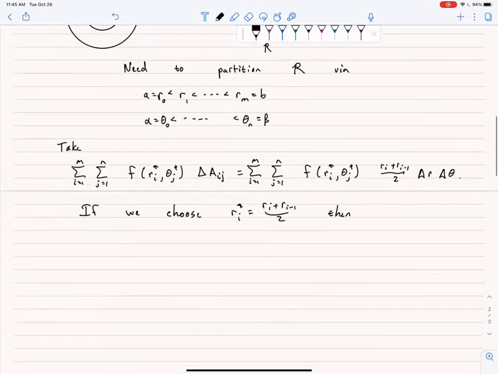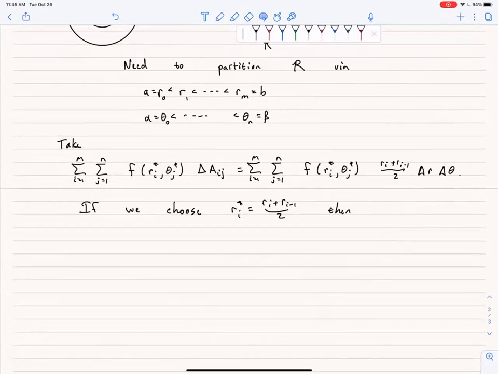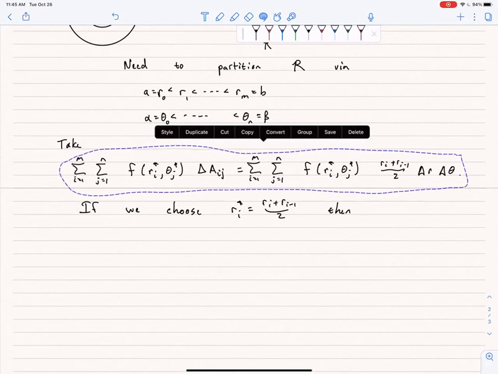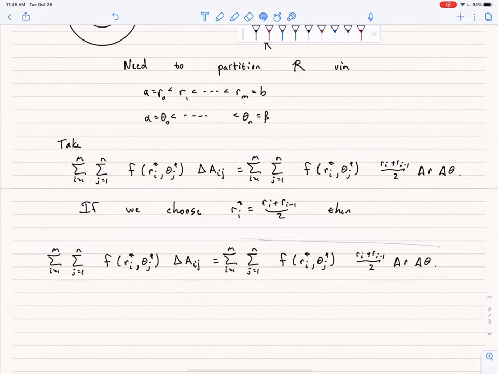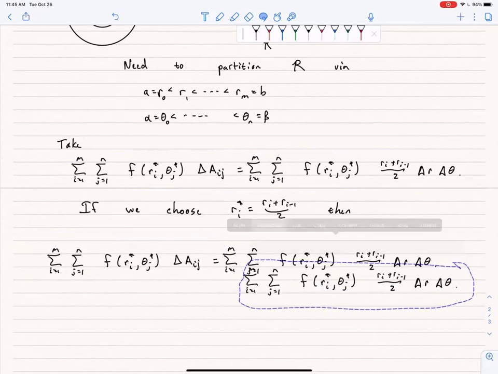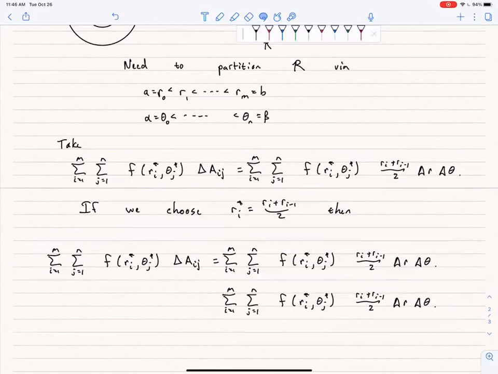Then we get the following formula. And this Riemann sum, I'll just copy the thing, looks like this. Now that is good news because this is an ordinary looking Riemann sum.